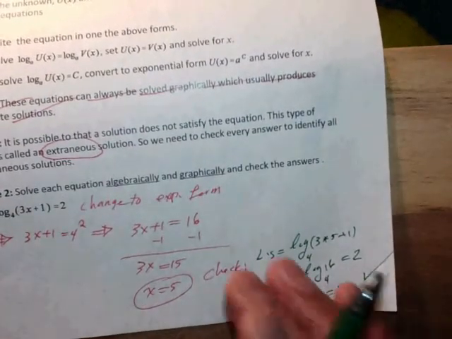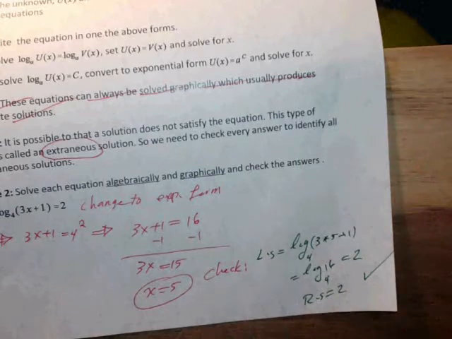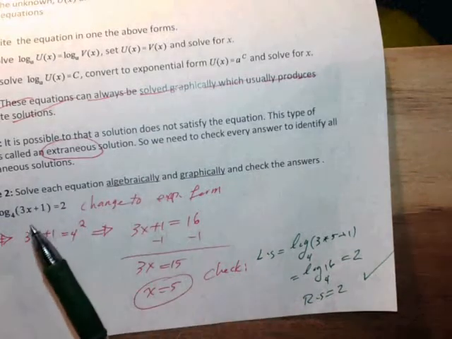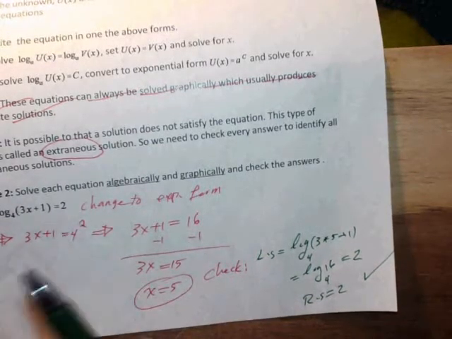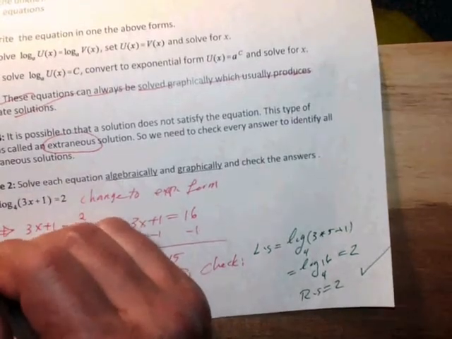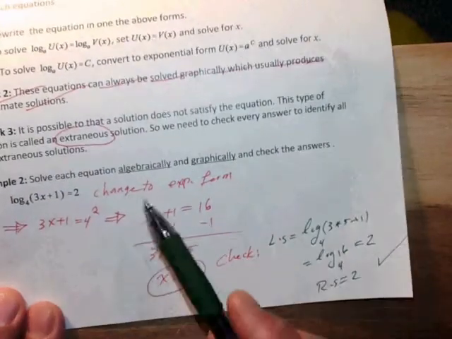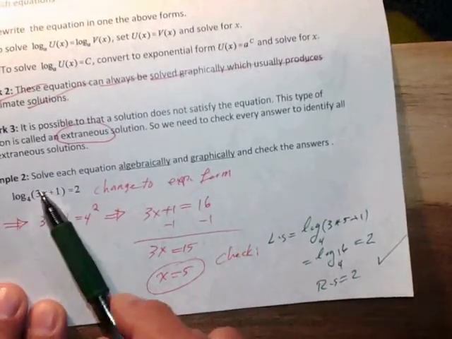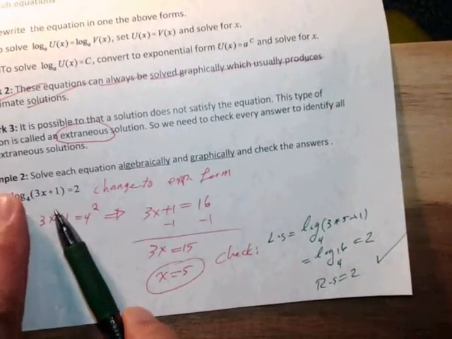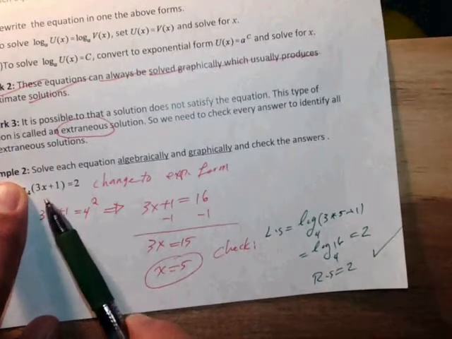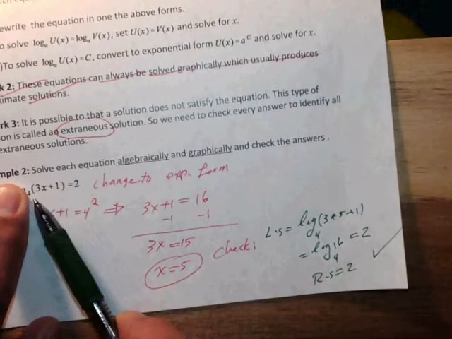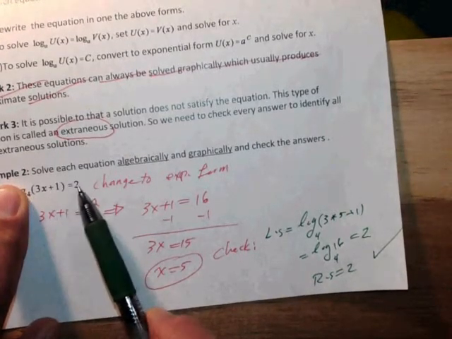Let me go over this problem one more time quickly. This is type 2. Since it's type 2, change to exponential form. Putting your finger on the log, 3x plus 1 is equal to 4 to this power.